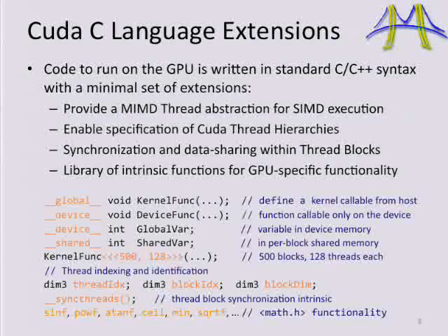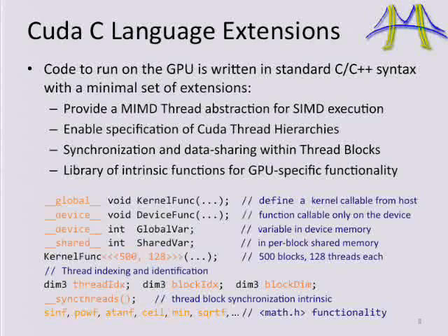So first things first, I'll tell you the nitty-gritty, some amount of it, of how to actually write CUDA programs. It's standard C, C++ syntax with a minimal set of extensions to give you access to the hardware that the GPU actually has. So I mentioned this multiple instruction, multiple data thread abstraction that will execute in SIMD on the actual GPU.